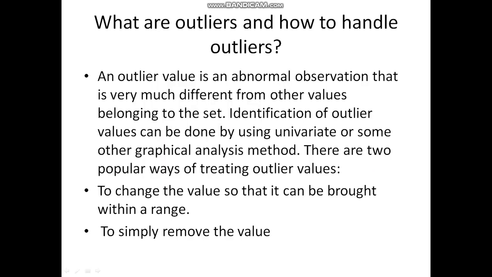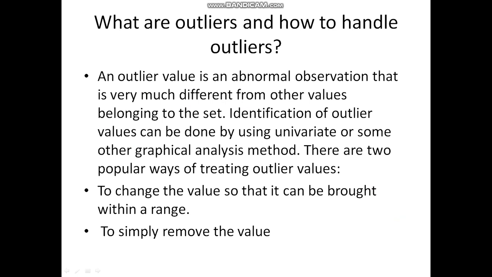The first question is, what are outliers and how to handle outliers? An outlier value is an abnormal observation that is very much different from other values belonging to the set.